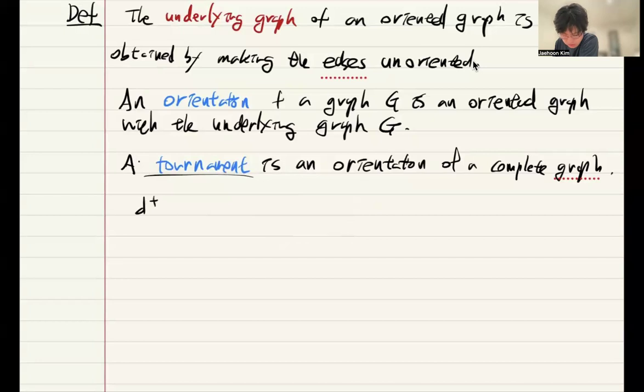And finally, if we have a directed graph, then we define its out-degree and in-degree.